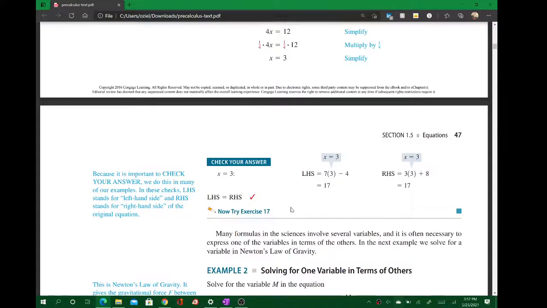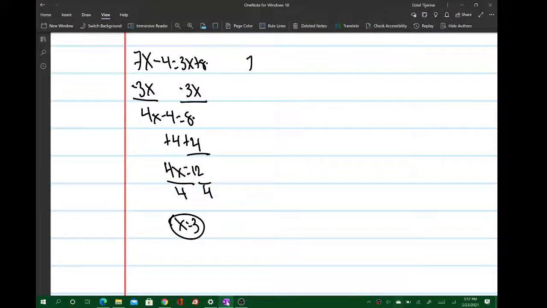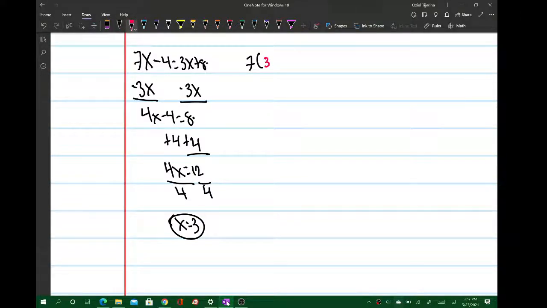And you also can check your equation by plugging 3 back in. You say 7 times 3 minus 4, is that equal to 3 times 3 plus 8?